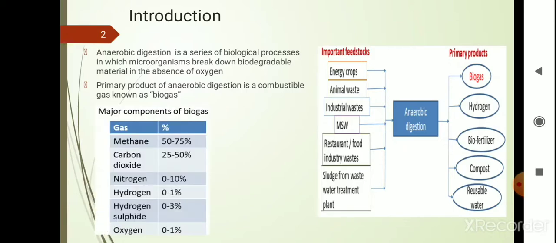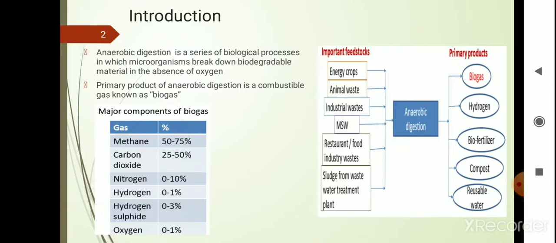And what are the components of biogas? Biogas is mainly methane. It contains almost 50 to 75% methane. Then carbon dioxide, 25 to 50%. Nitrogen is 0 to 10%. Nitrogen will be mostly present if it is animal waste, because animals contain more protein compared to plants.